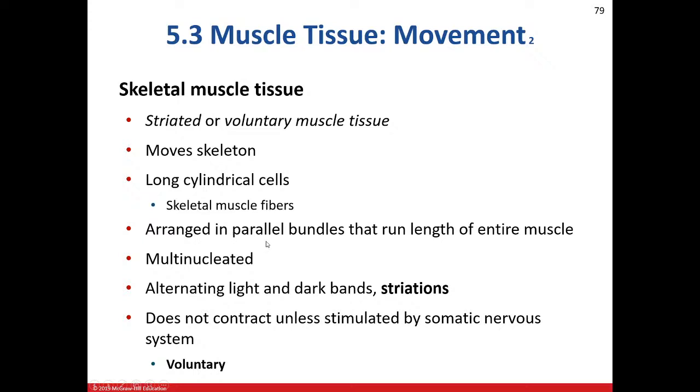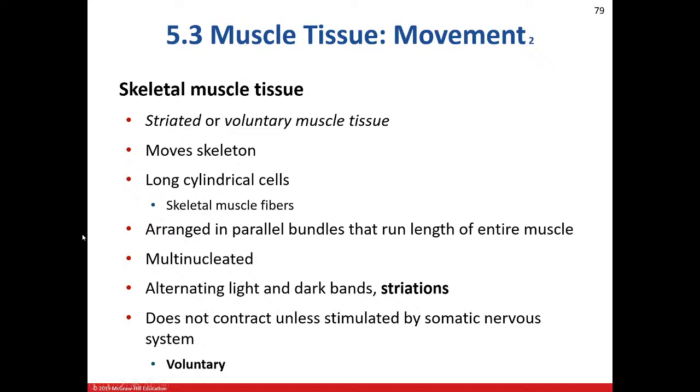And they are arranged in parallel bundles that, yes, run the entire length of the muscle. They are multinucleated. That makes sense, right? So the nucleus copies genes into mRNA, and then we make proteins when we translate that mRNA.